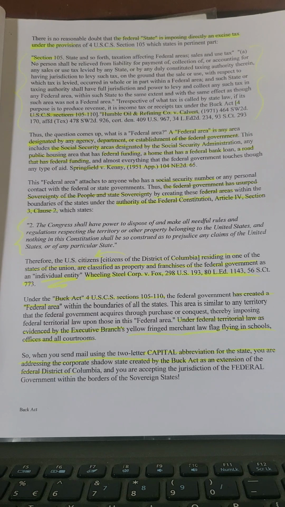Thus, the question comes up, what is a federal area? A federal area is an area designated by any agency, department, or establishment of the federal government.